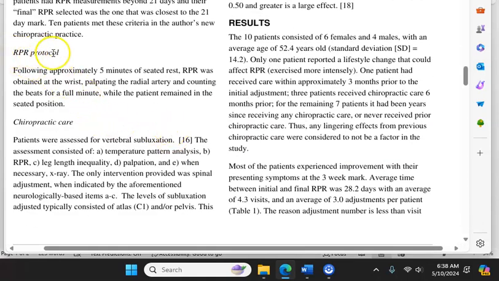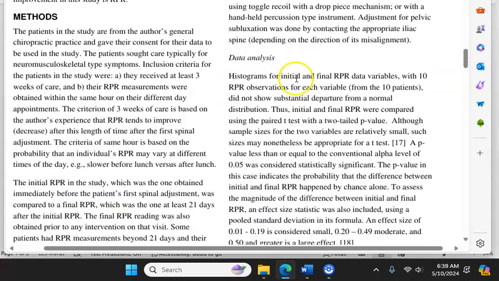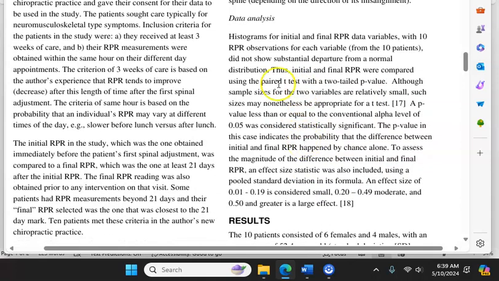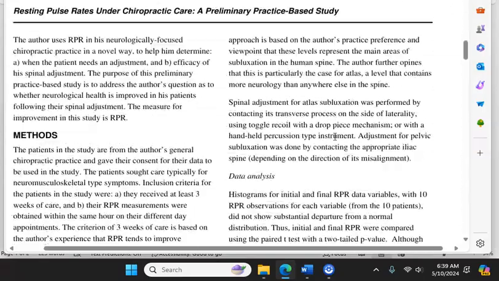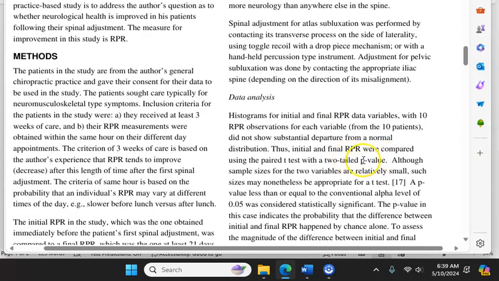Like resting pulse rate protocol, that is a data collection. And here, over here we have analysis, and this helps if there's a heading like that, but even if there's not a heading, you can look to see, did they calculate averages? Did they do a test where they get a p-value, a probability value that the difference between samples, in this case before and after adjustment, happened by chance? That's what that p-value is, arguably the most important part of statistics.